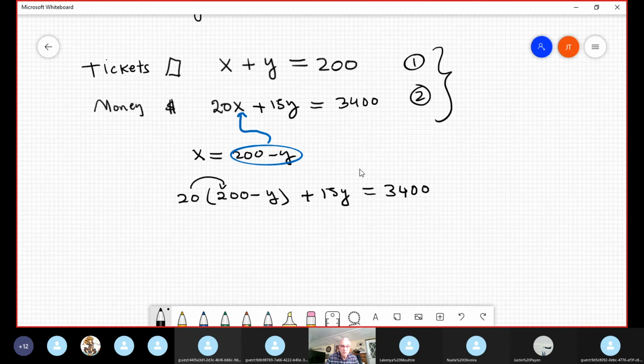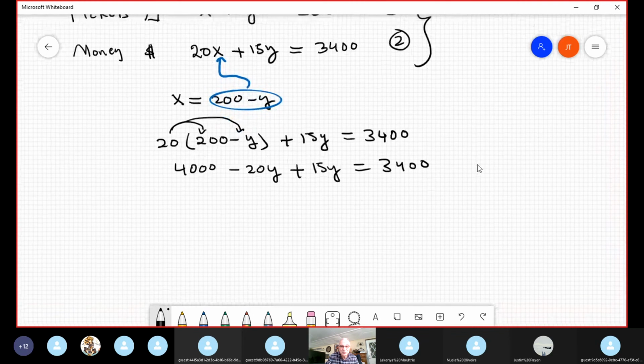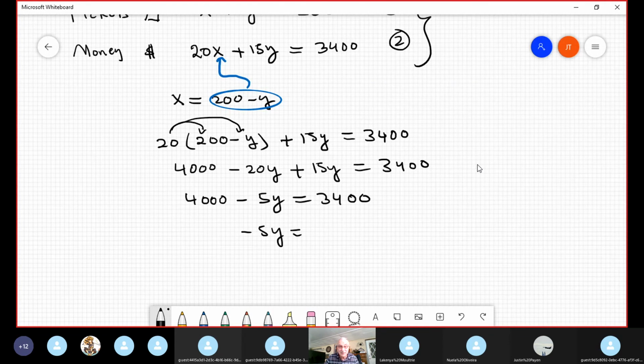And you multiply to remove the parentheses. This is 4,000 minus 20Y plus 15Y equals 3400. We combine: negative 20Y and positive 15Y is negative 5Y. The rest is algebra, you know very well. Now I move 4,000 to the right-hand side.